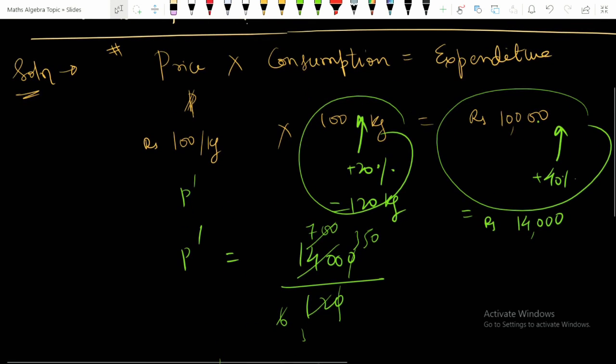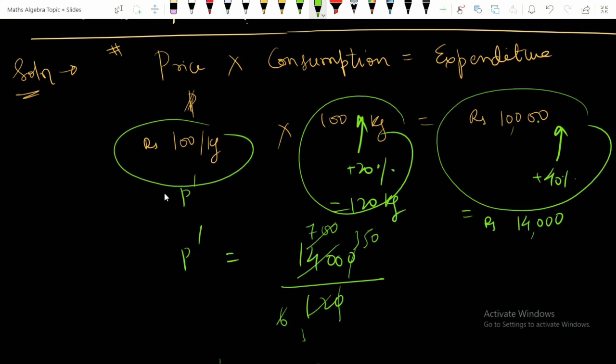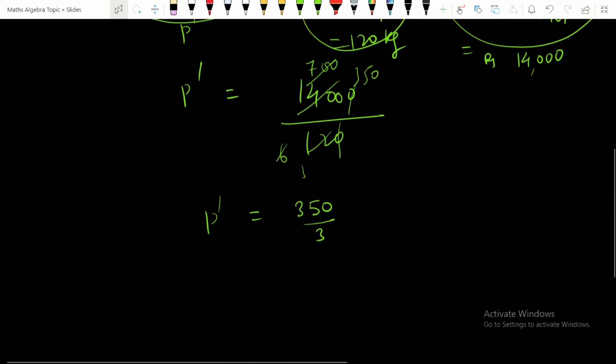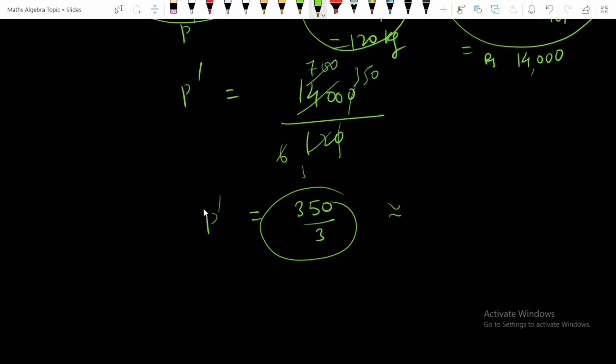Earlier it was 100 rupees per kg. Now what is it? 350 by 3. If you divide, you will get 116 2 by 3%, or we can say 116.66 or 67. So this is your P dash.